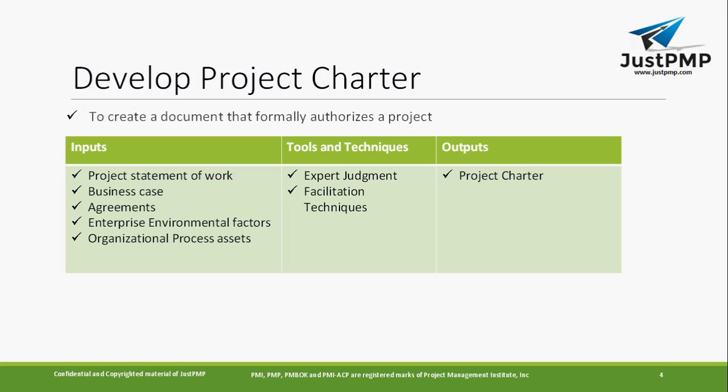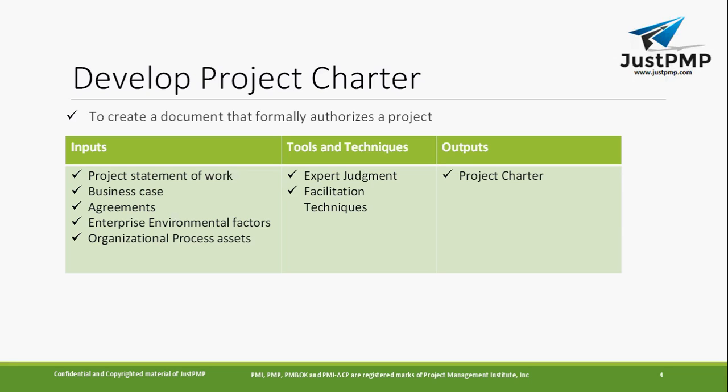This is the first process from project integration management, where we'll cover the official document to start the project. As I was telling you earlier, the project charter officially authorizes a project.